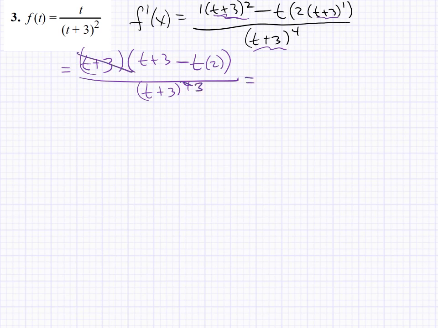So I end up with the derivative being, this is minus 2t, and t will be minus t, so I get (3 minus t) over (t plus 3) cubed.